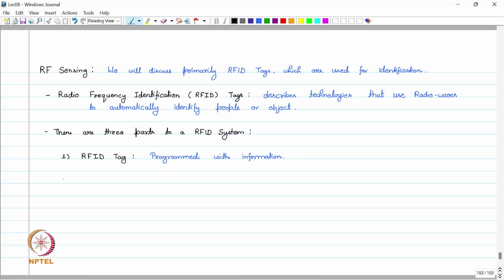The second part is the transceiver unit, which has a decoder to interpret the data.